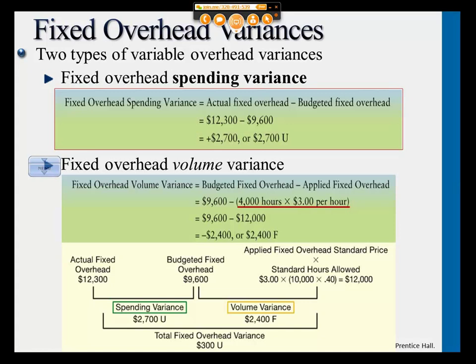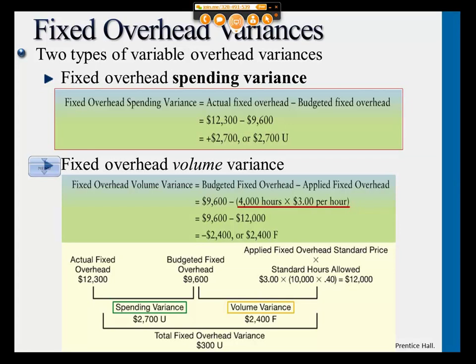And then we also calculate the fixed overhead volume variance. And what is the volume variance? It's the budgeted fixed overhead minus the applied fixed overhead. What is applied fixed overhead? We're going to take into consideration the number of hours that we used up, right?